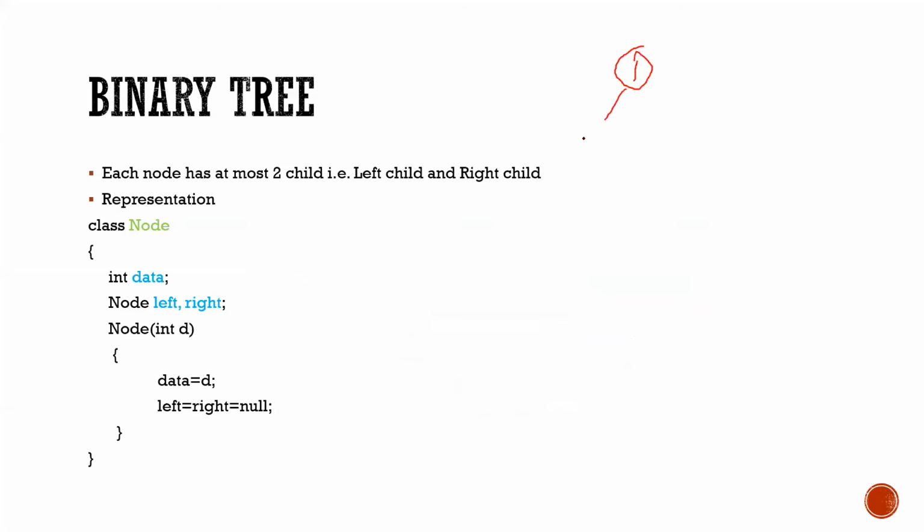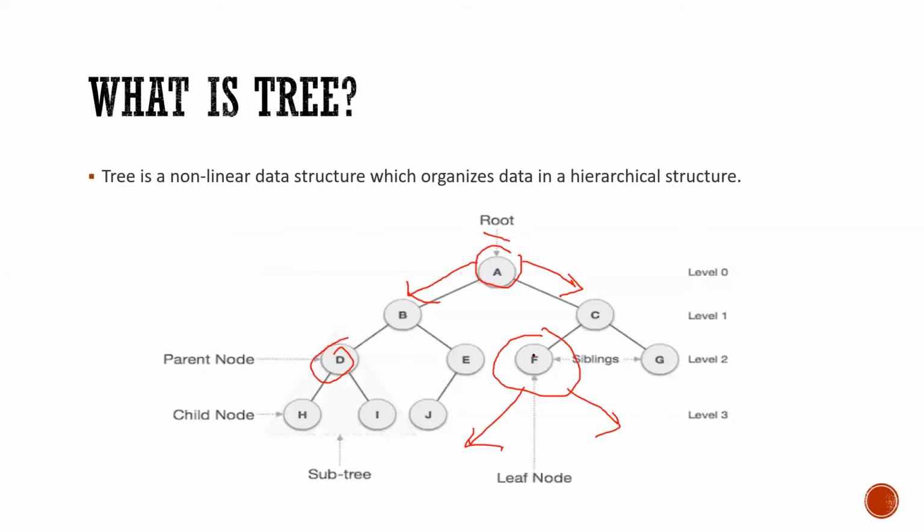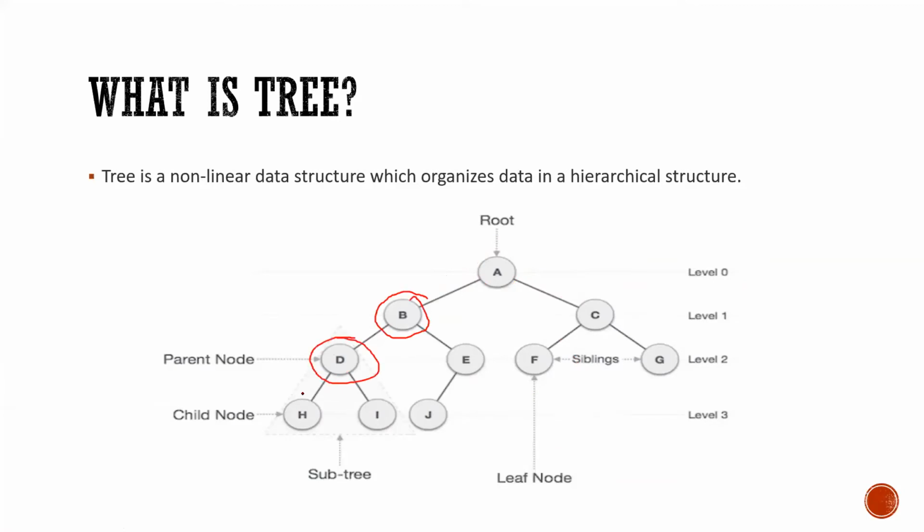First of all, consider a tree. The difference between a child node and a leaf node: here B is a child node of A, D is a child node of B, H is a child node of D. You got it?